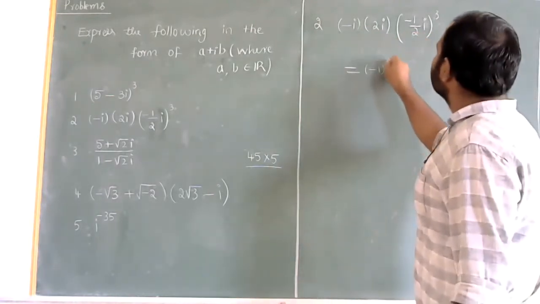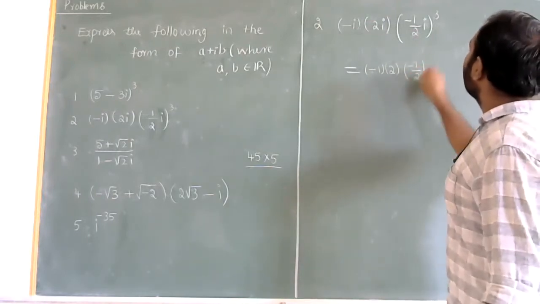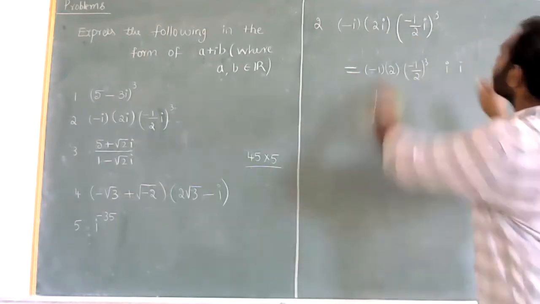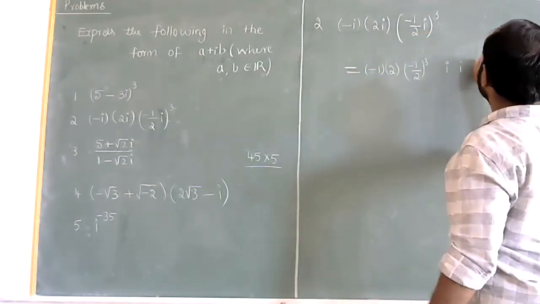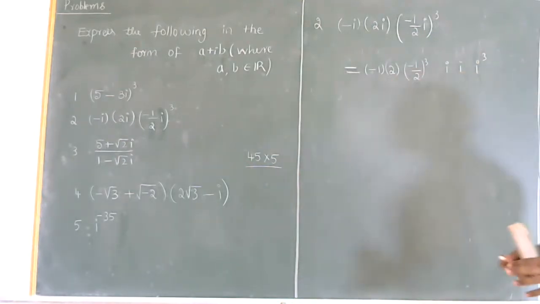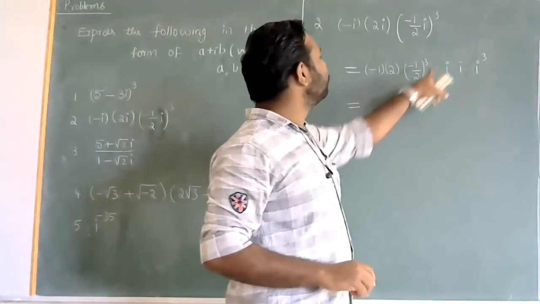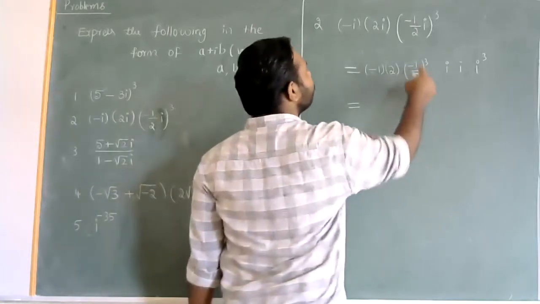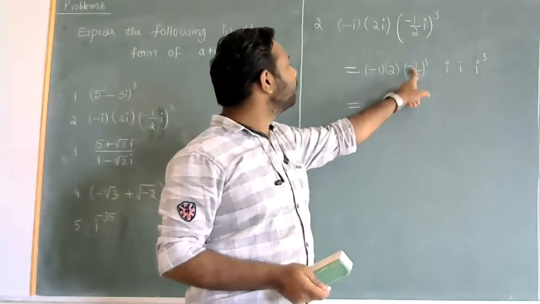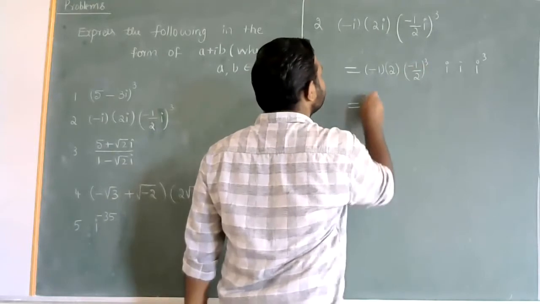So 2 here, (minus 1 by 2) whole cube. i terms will be i into this i here, i cube. So I am separating constant terms and i terms. Now (minus 1 by 2) whole cube is minus 1 whole cube by 2 cube, so it is minus 1 by 8. Minus into minus is plus, so 2 by 8.